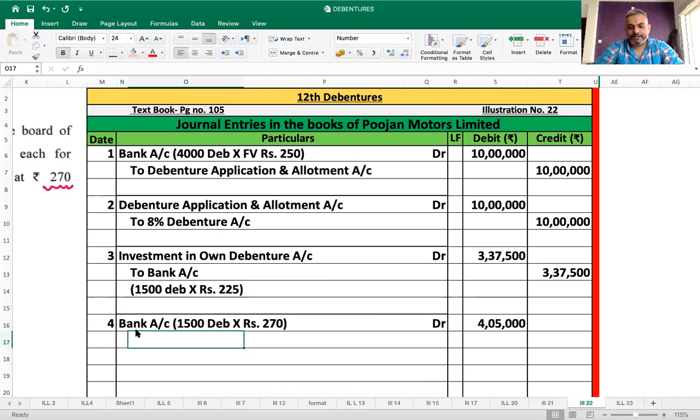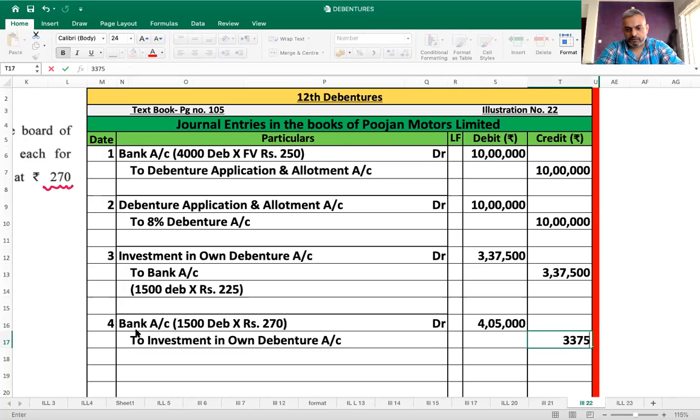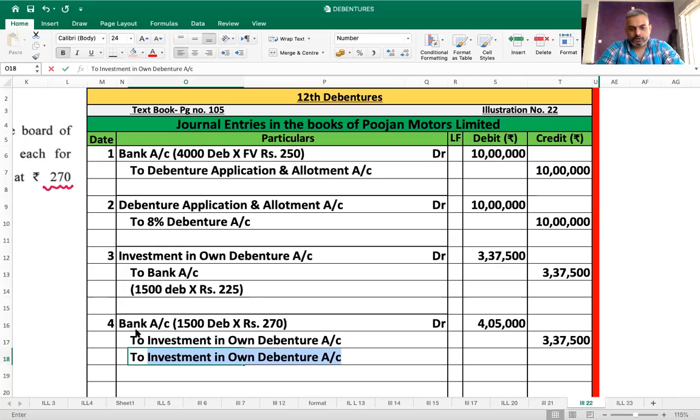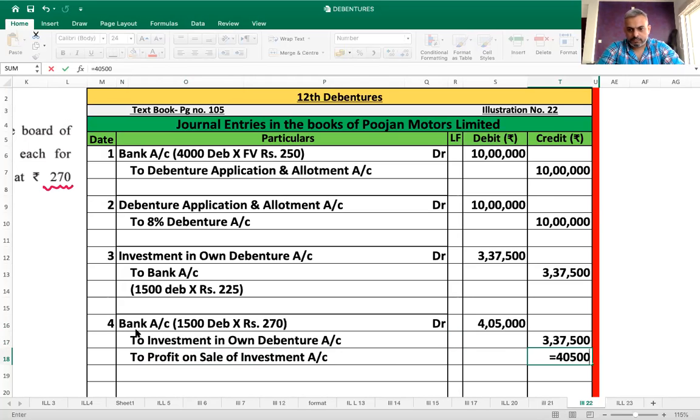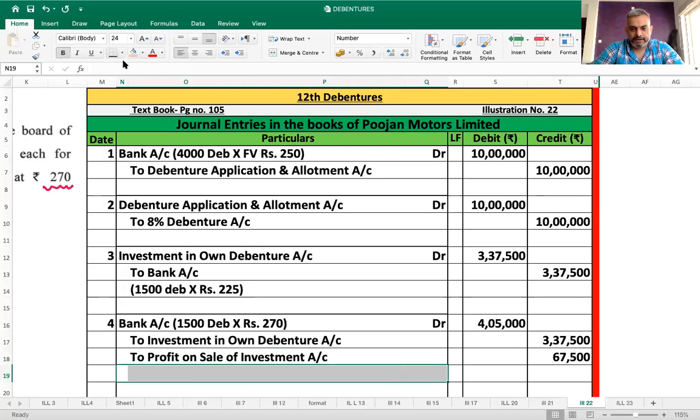We got 4,05,000 in return, to investment in own debenture account with the book value that is 3,37,500, and to profit on sale of investment account. The difference between 4,05,000 and 3,37,500, so 67,500 is the profit the company made.